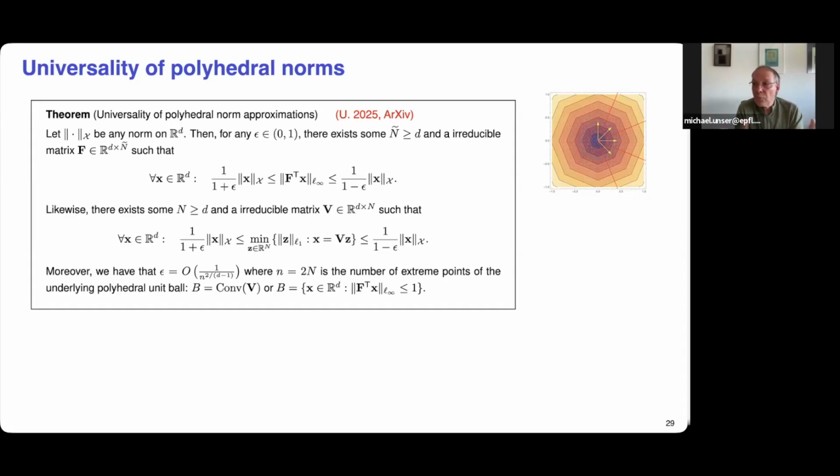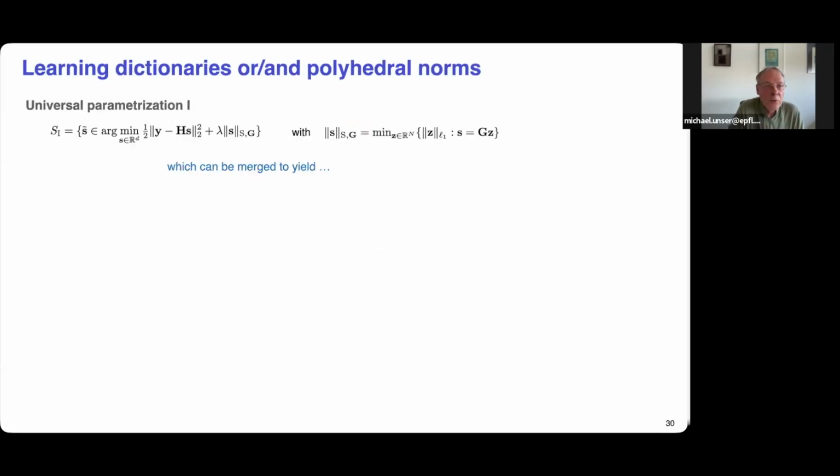And so this is universal, so it will allow me to encode every convex regularizer. Okay, which is kind of nice. So at least now we know that what we were doing in compressed sensing, if you make a dictionary large enough, in principle we can encode any possible convex regularizer.